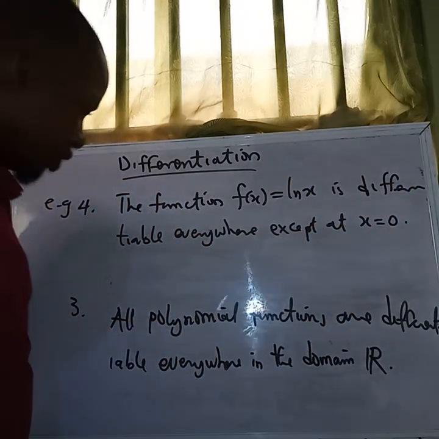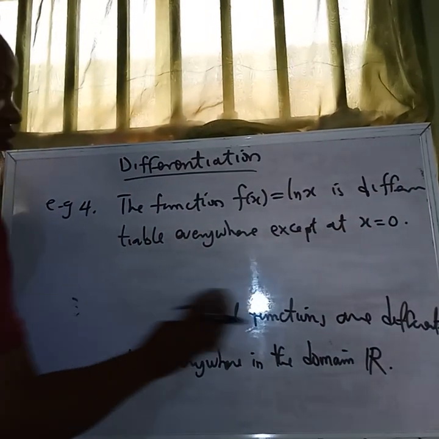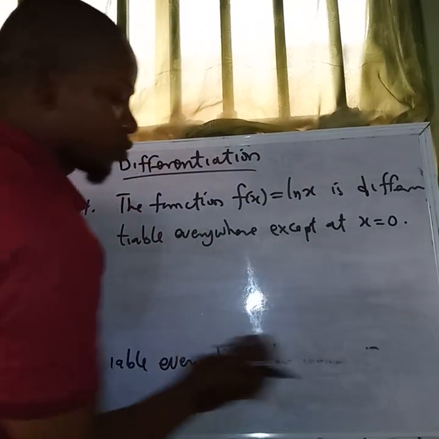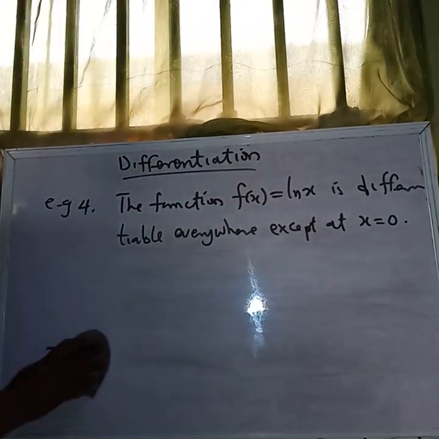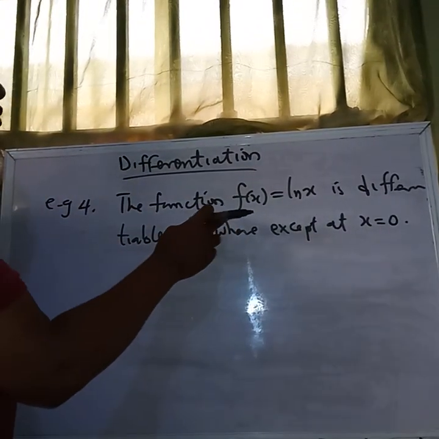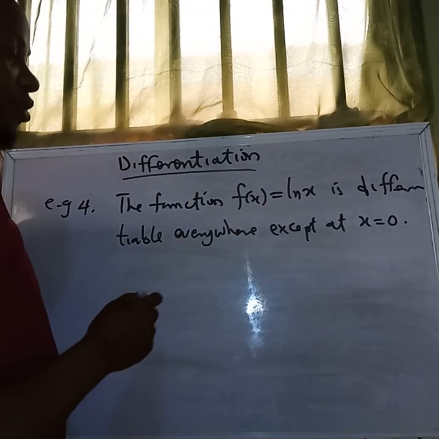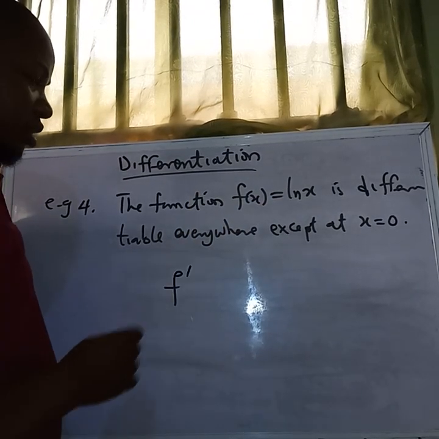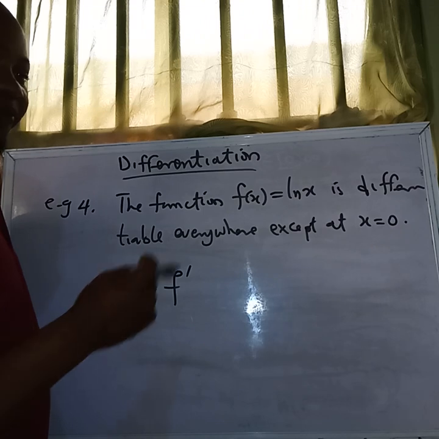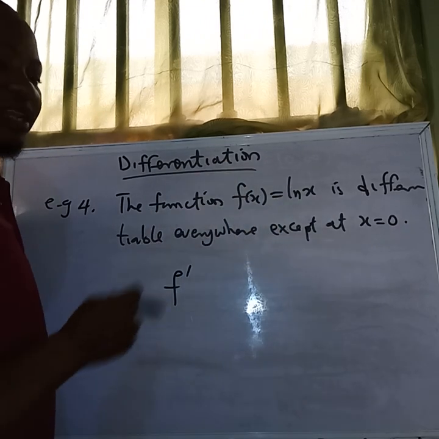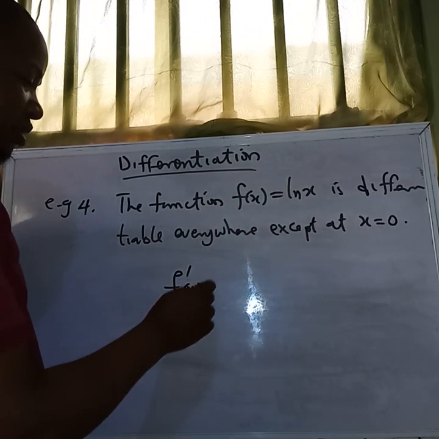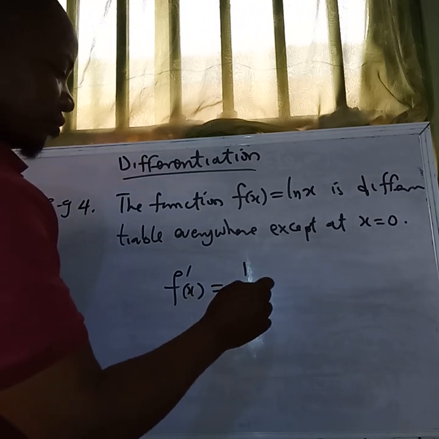Let's see why we make this conclusion. In our earlier video, we have shown that the derivative of ln x is 1 over x.